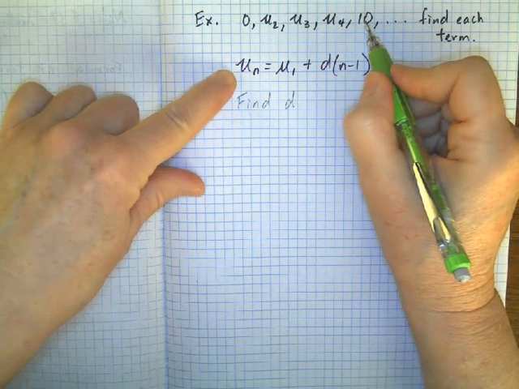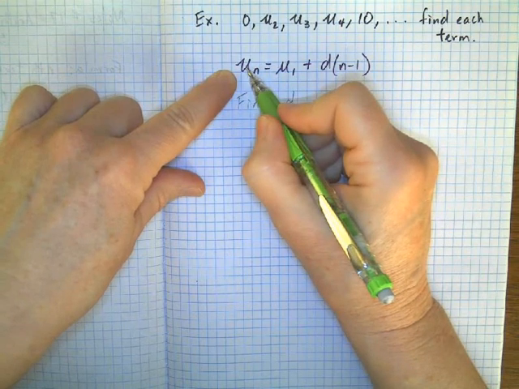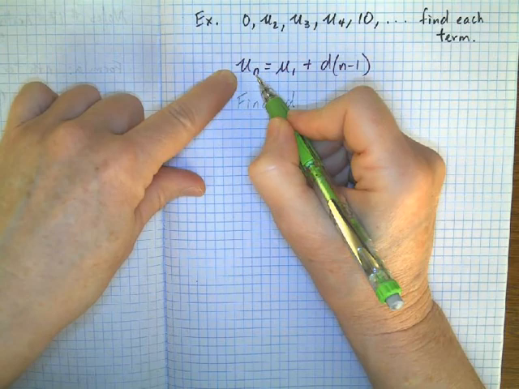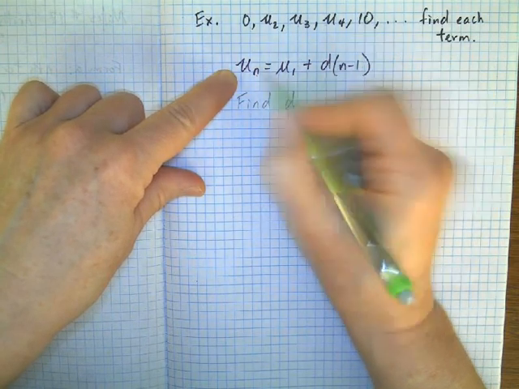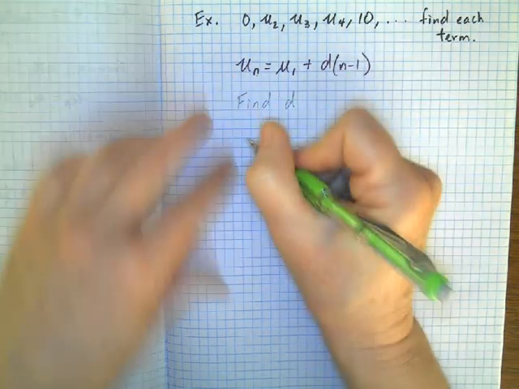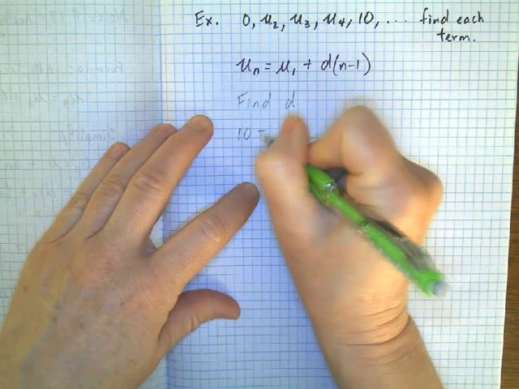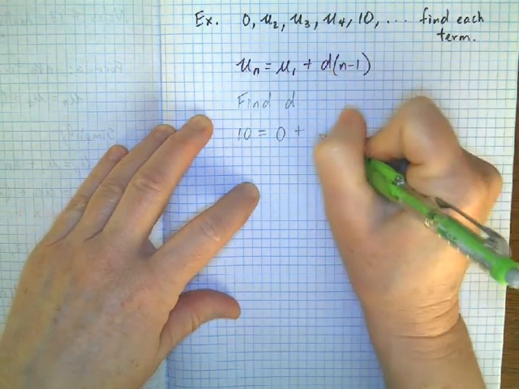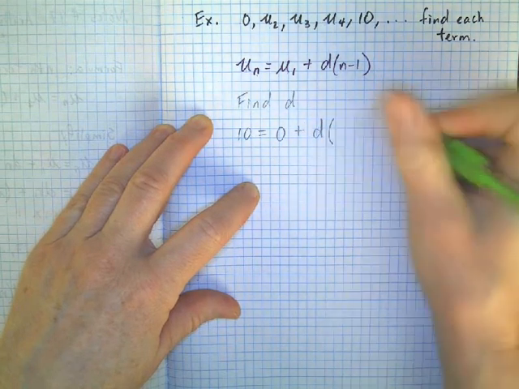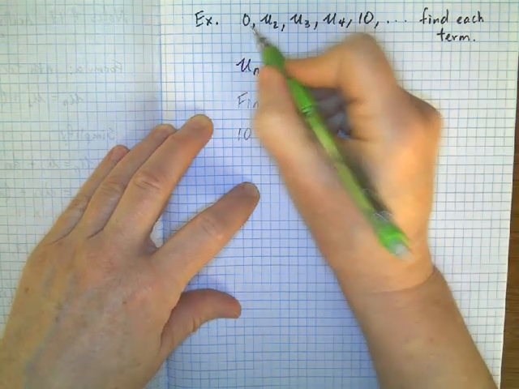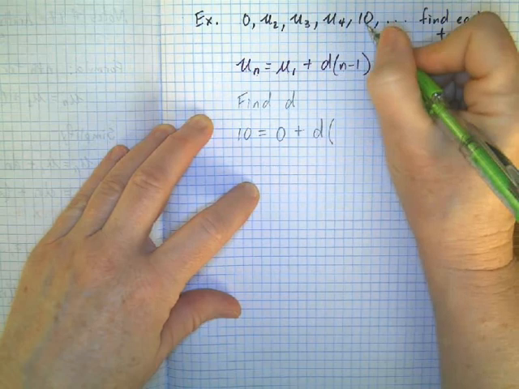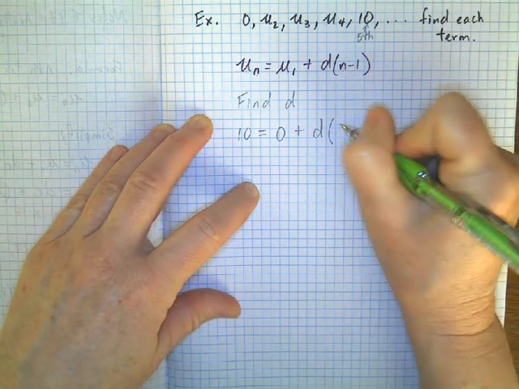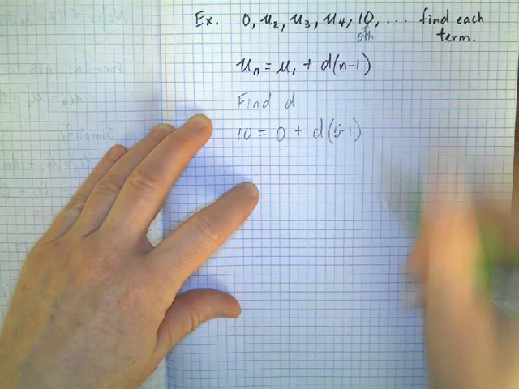So u sub 4, sorry, 1, 2, 3, 4, 5. u sub 5 is 10. u sub 1 I know is 0. I don't know what the common difference is. But I do know that this is the fifth term right here. So I'm going to have 5 minus 1. So now I can solve this for d.